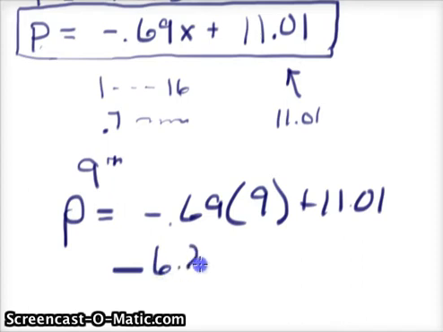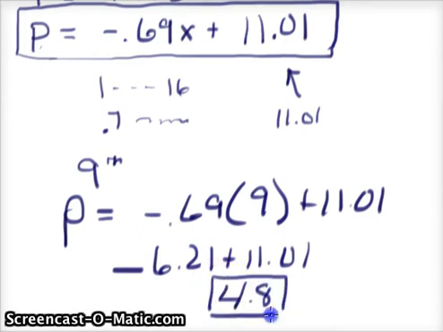Negative 6.21 plus 11.01, which would be 4.8. We could predict the score on that test as 4.8 for someone in the 9th grade.